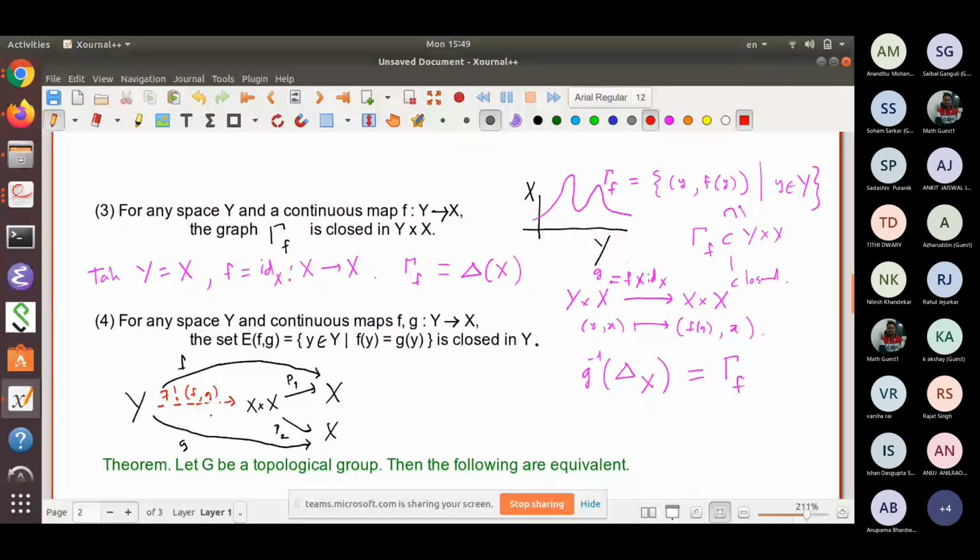That's okay. And now let's call this map H. So what is H inverse of diagonal of X? And that is the equalizer of f and g. This equalizer of f and g is all those points where f and g take equal values. That's the inverse image of diagonal. If the diagonal is closed, then the equalizer is closed, because it is the inverse image of the diagonal under a continuous map.